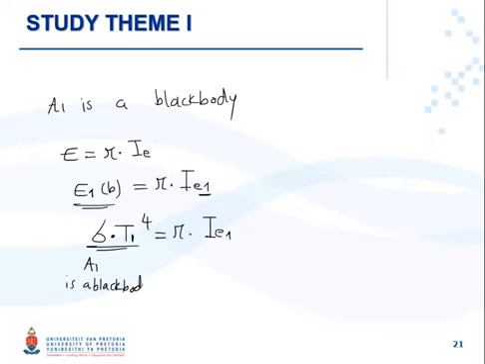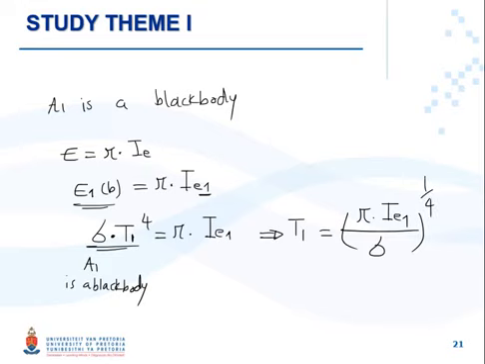Black body. Then T1 will be pi times the radiation divided by sigma to the power of 4. If we have all the information, we just need to put it in.